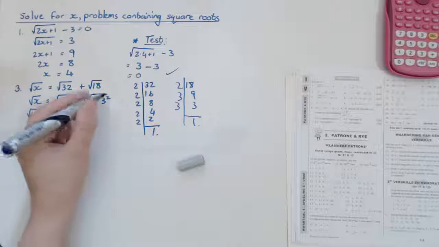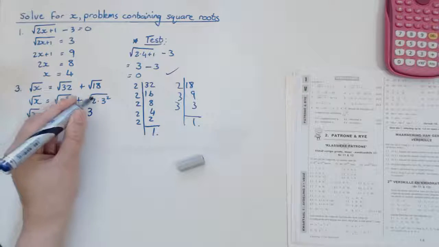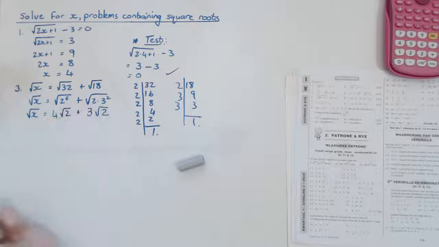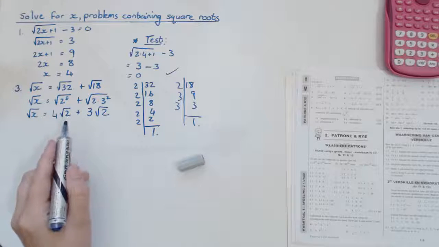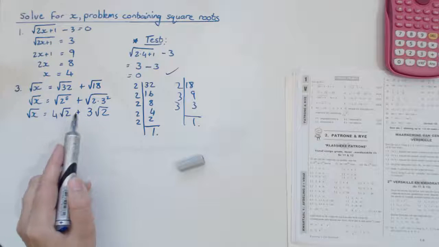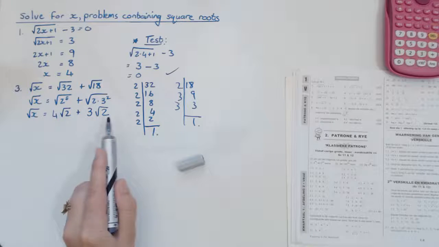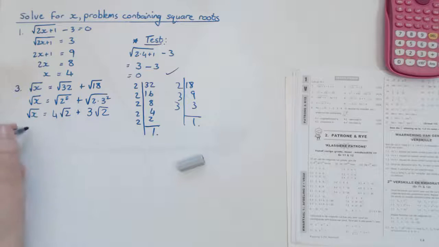And also 3 squared, the root of 3 squared is just 3, but that 2, I'm just going to leave under the root like that. And then I can add these two together. Like you would say 4x plus 3x is 7x, I'm going to say 4 root 2 plus 3 root 2 is 7 root 2.